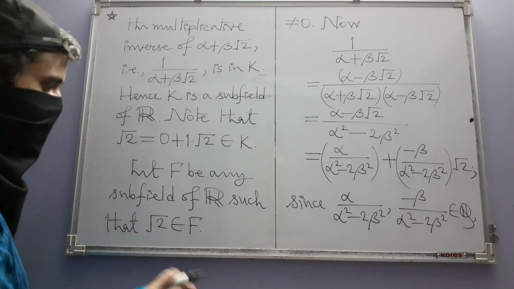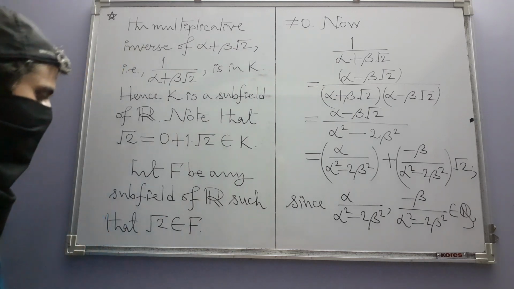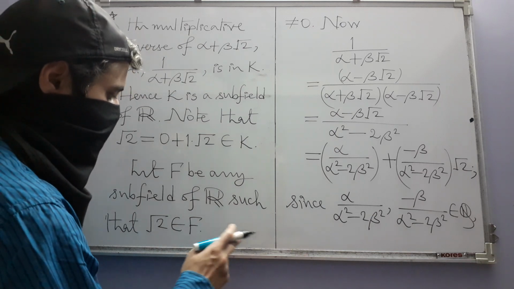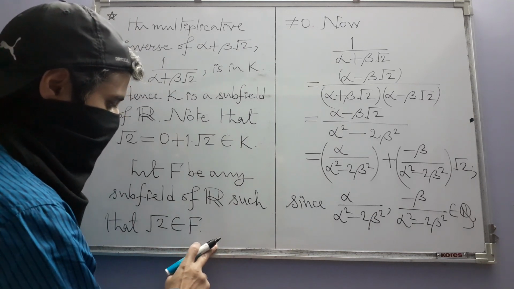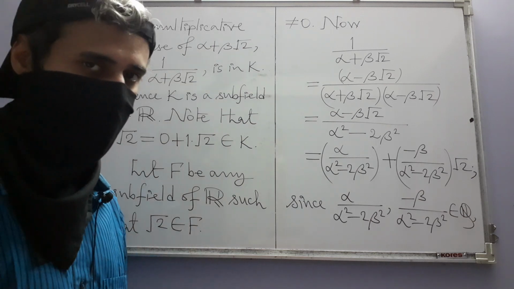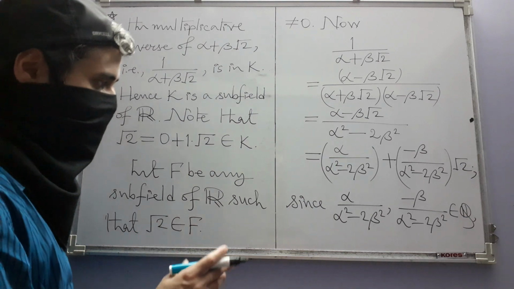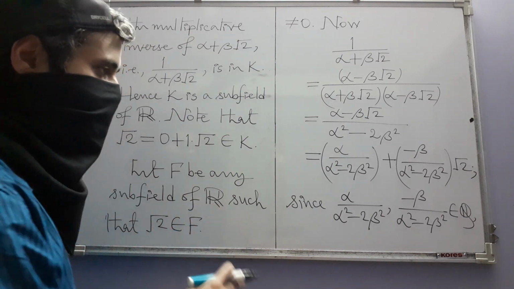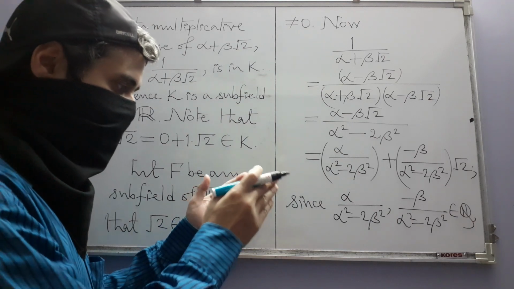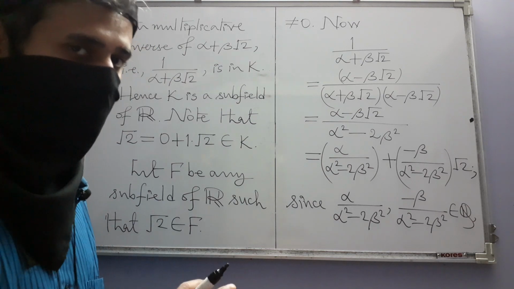We need to now show that K is a subset of F. Now that can be immediately concluded once you know the fact that F contains every rational number. In fact, it's a fact that any subfield of R contains every rational number, and as such, the field of rational numbers is the smallest subfield of R in that sense.